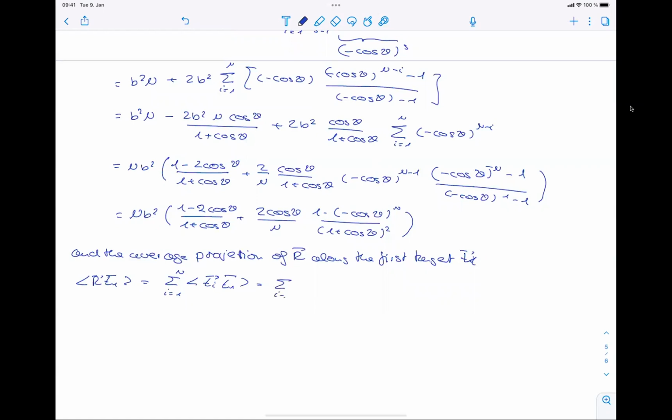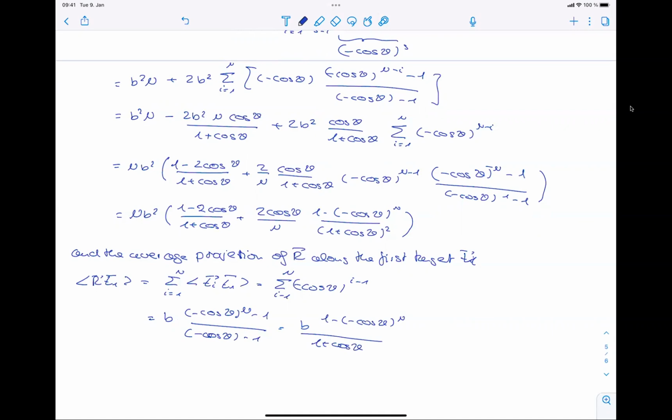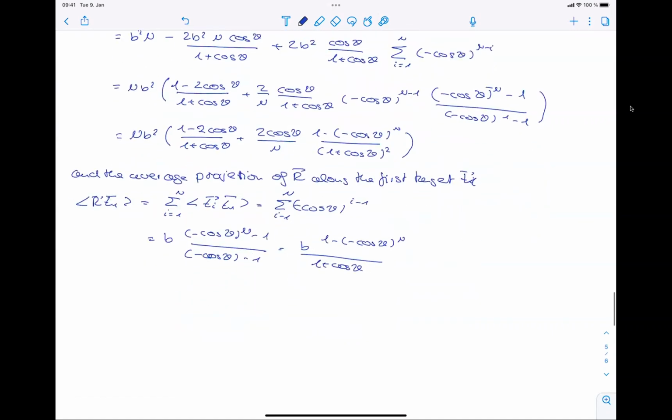That's easier because then we have the distance between i and 1 dominating, which gives us minus cos theta to the power of i minus 1, and is a more closed expression, again evaluating this geometric sum, which gives us b1. And now the continuum limit.